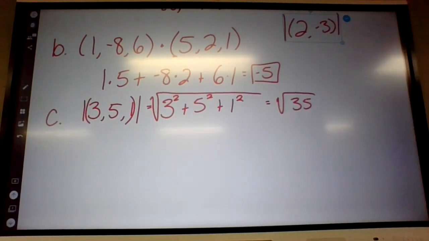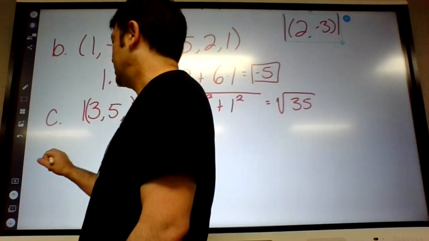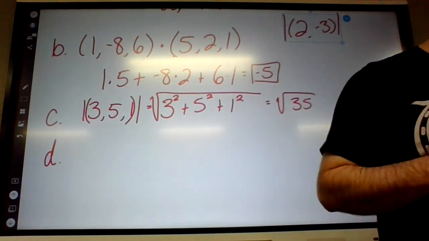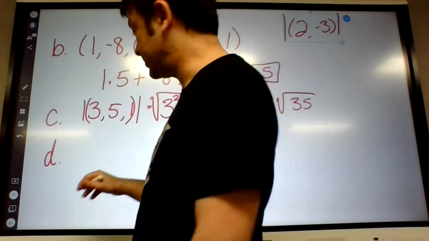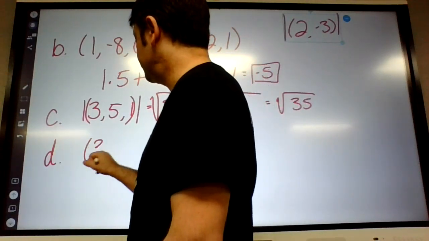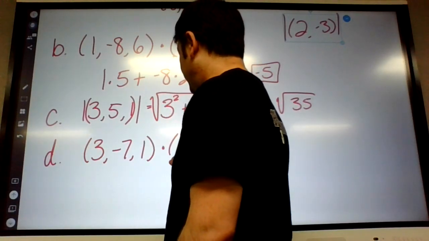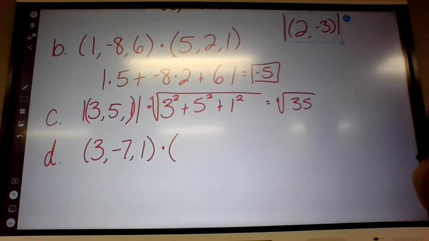Okay, on number 9, you guys might have forgotten this. We did one of these problems a couple days ago. How can we use the dot product to tell whether two vectors are perpendicular? If you do the dot product and it comes out as 0, then it's a yes, they are perpendicular.